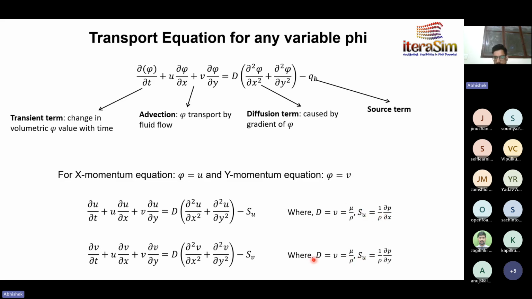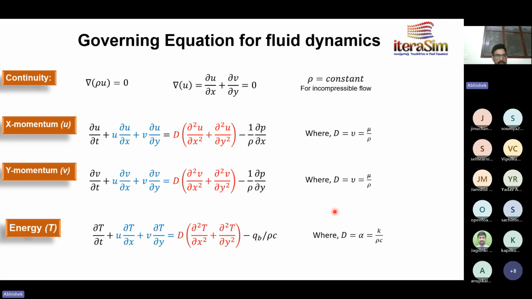S_u is the source term, that is the pressure drop, and D is your kinematic viscosity here. So these are the governing equations that OpenFOAM solves, that is continuity, x momentum and y momentum.